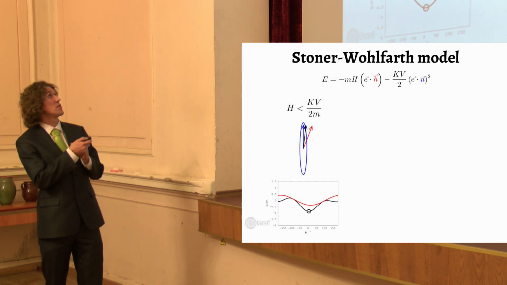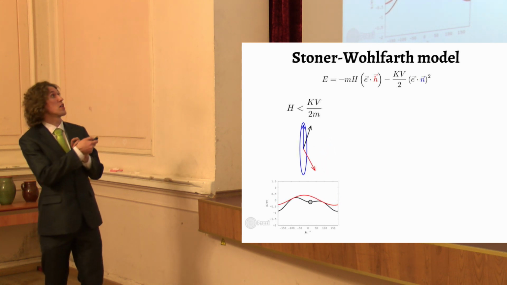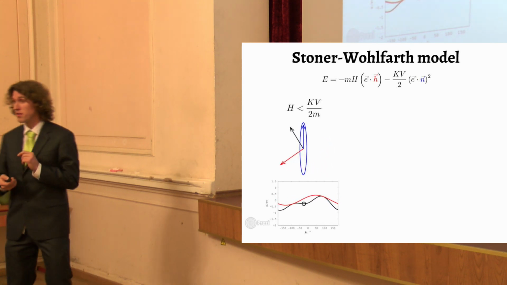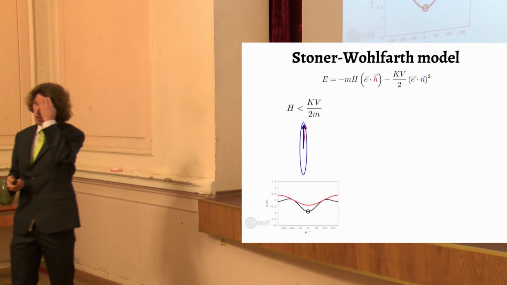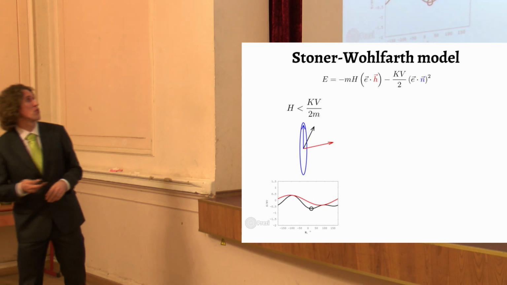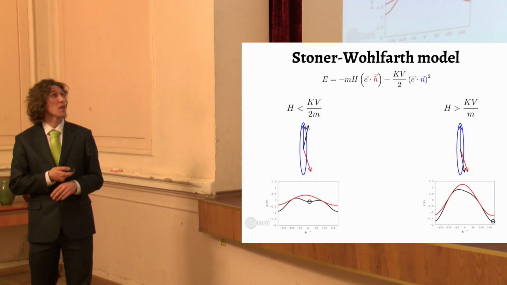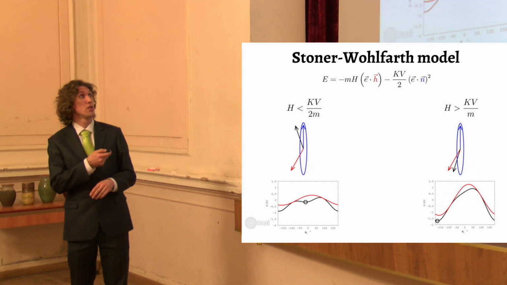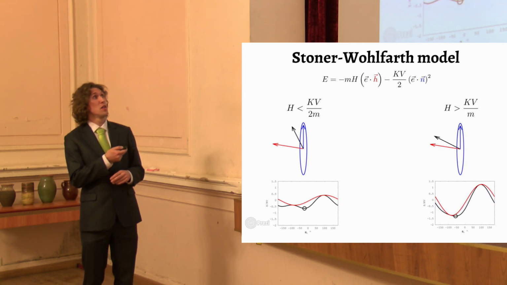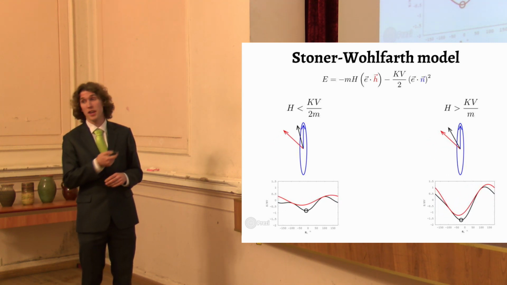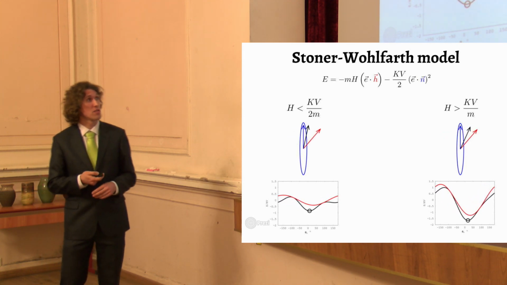If the magnetic field H is small, and we fix the particle in place and rotate the magnetic field, then we see that the magnetic moment, which is black, stays near this axis of anisotropy. On the other hand, if the magnetic field is large compared to some critical value, then the magnetic moment of the particle rotates with the external magnetic field, and it rotates around.